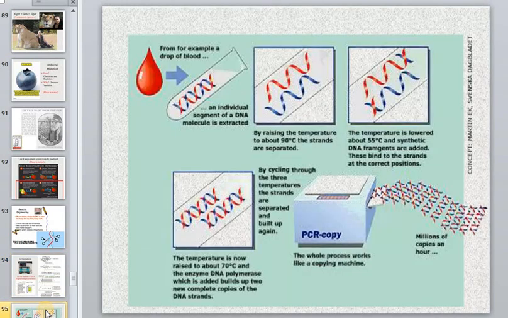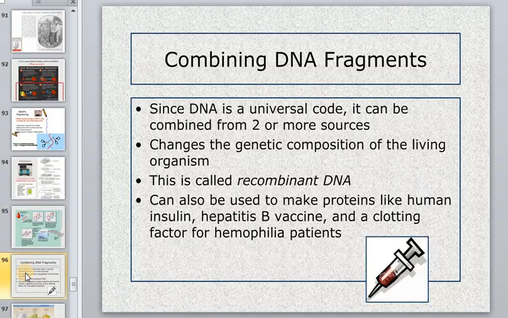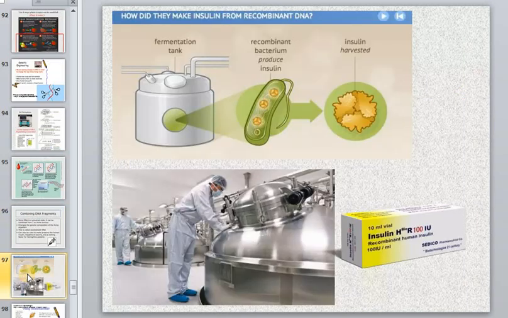The desired fragment can be multiplied by creating millions of copies, and we use these copies to transform some organism, for example some fruits, by inserting these fragments into different DNA.